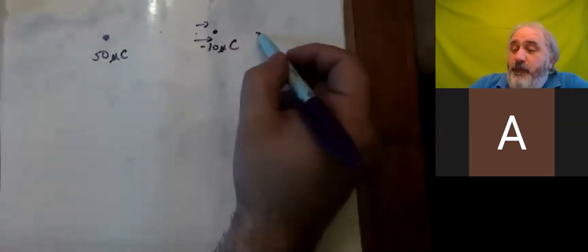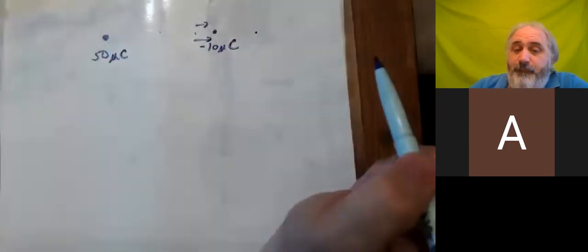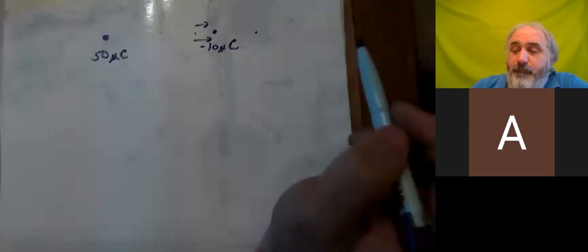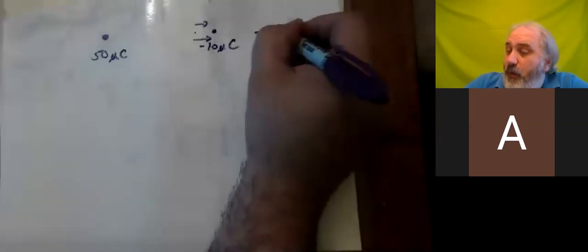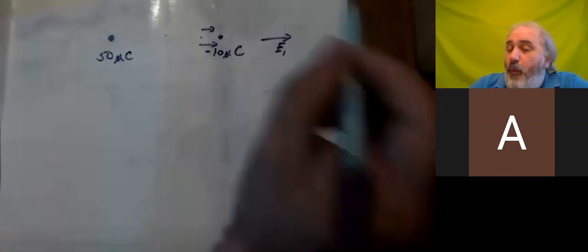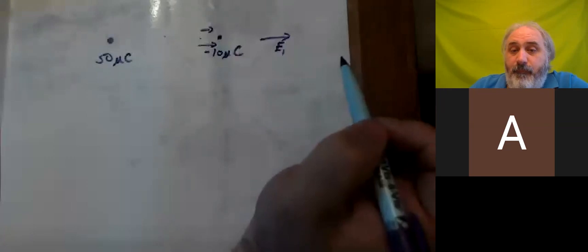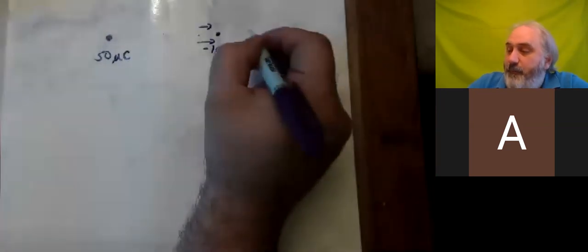Right. If I look over here, what direction is the electric field from this guy? To the right. That's correct. So E1 would be to the right. Now, what about this guy? To the left. There we go.